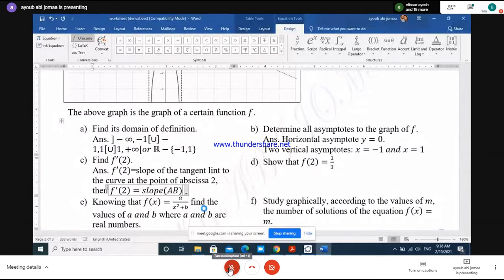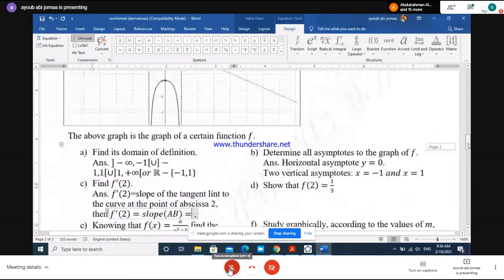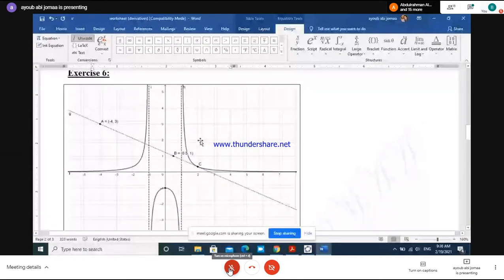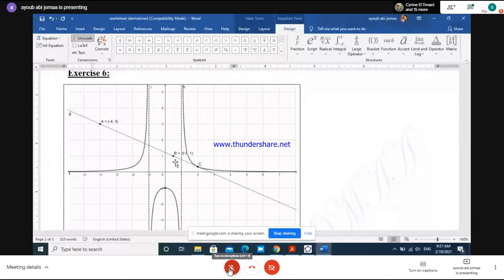And how to find the slope of a line? What you studied in grade 9. You have the line AB. YB minus YA over XB minus XA. Okay? It's YB minus YA over XB minus XA.